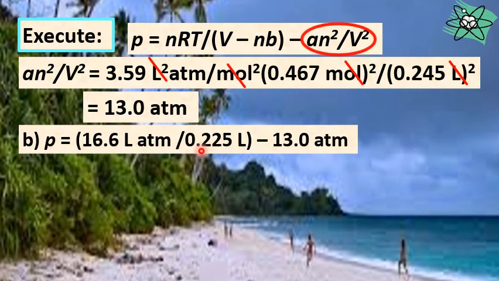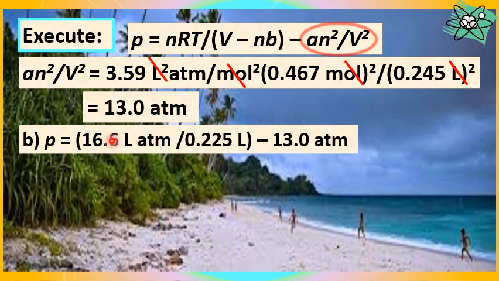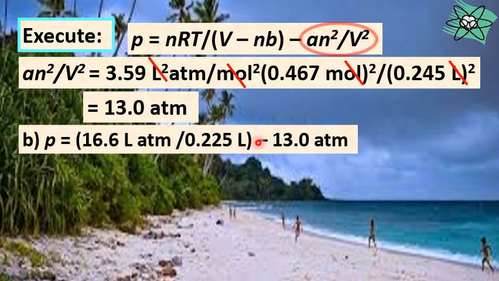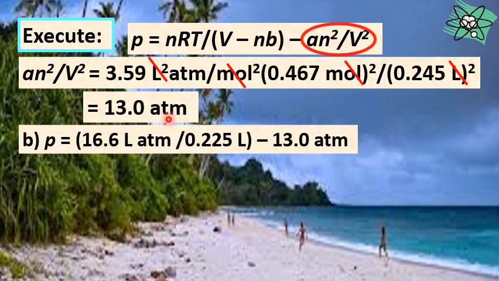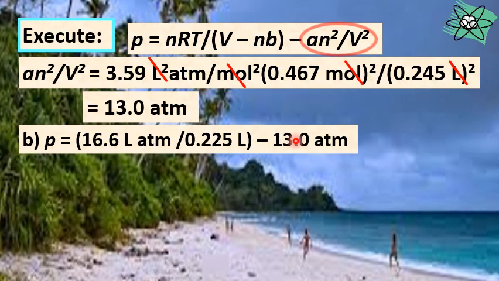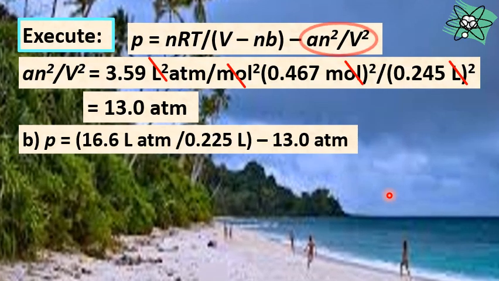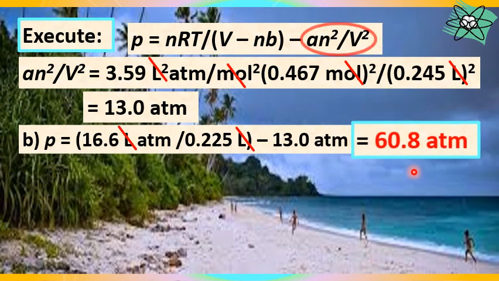That is 0.225 liter, and their quotient minus 13.0 atmosphere. This is the value of an squared over V squared. All right, so simplifying, we get the value of the pressure equal to 60.8 atmospheres.